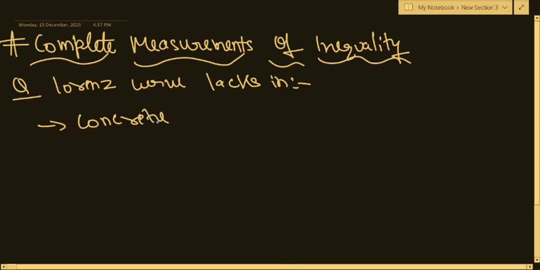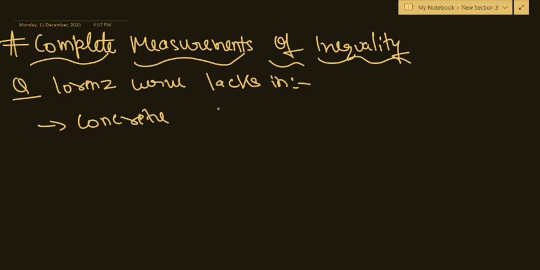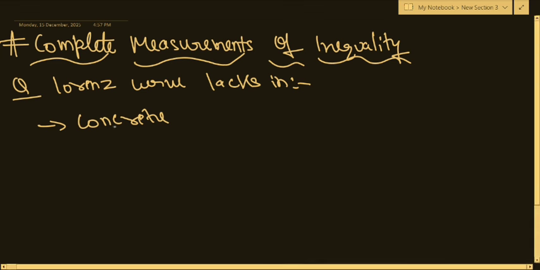It does not provide a concrete number about what can really be done about income inequality. It just plots cumulative income shares against cumulative population shares. So it is a bit of an incomplete measure, but it is the most used empirical measure, the Lorenz curve. But still the concrete number is missing for policymakers.